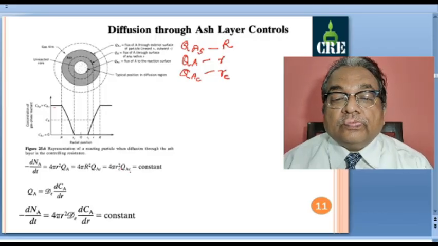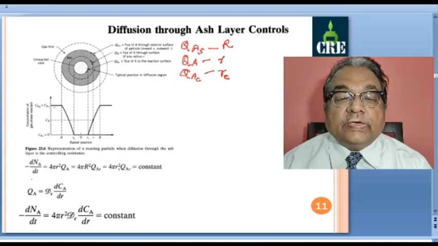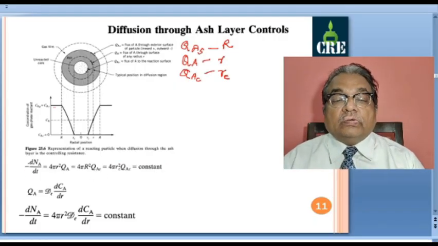For flux QAC at the exterior of the unreacted core, the corresponding radius is small rc, so 4 pi rc square QAC. These will be constant at steady state. So we have written this equation, minus dNA by dt, in terms of all three fluxes.